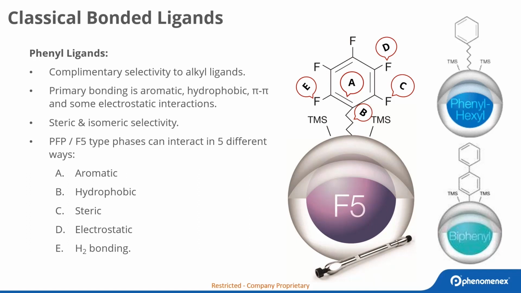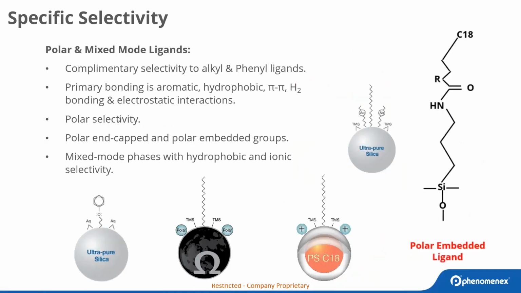Here we have the visual of a PFP or an F5 phase that can interact in 5 different ways. So it can interact aromatically, hydrophobically, sterically, electrostatically, and it can also have hydrogen bonding. So it can offer a bunch of different ways to interact with the analytes of interest.